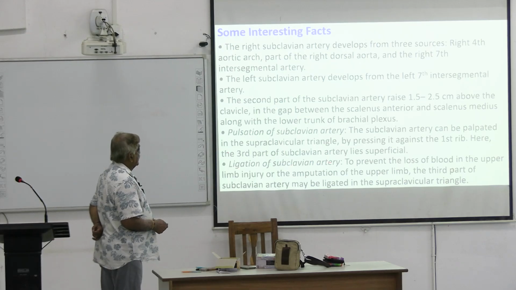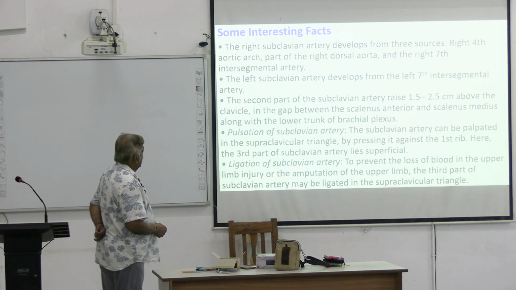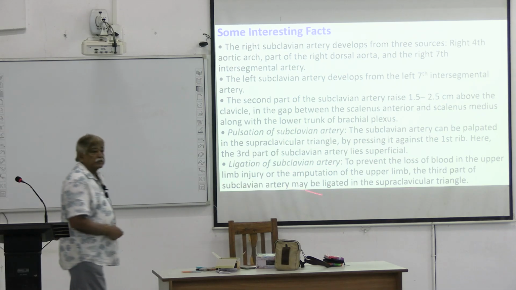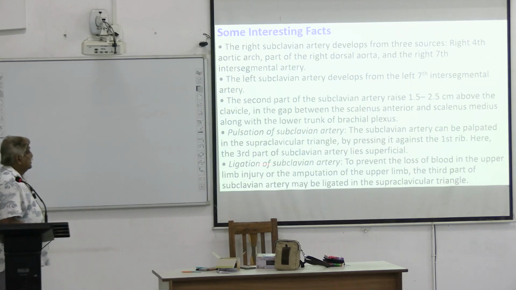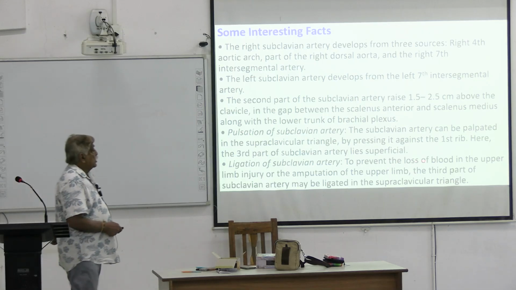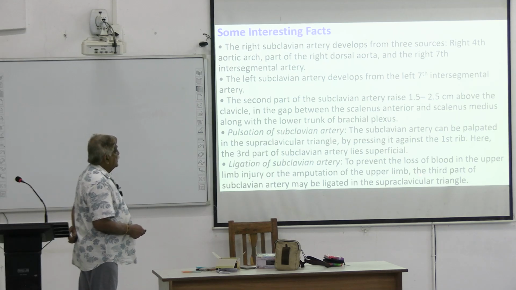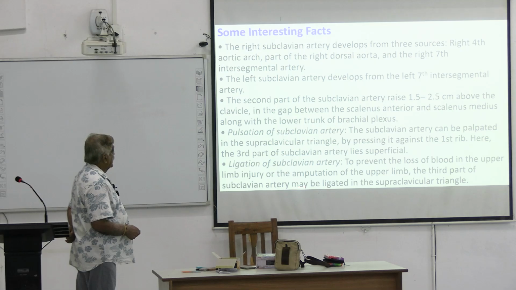Ligation of the subclavian artery to prevent the loss of blood in upper limb injury or the amputation of the upper limb. The third part of the subclavian artery may be ligated in the supraclavicular triangle.